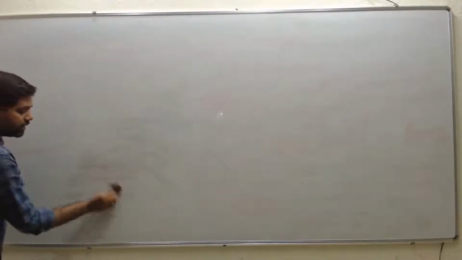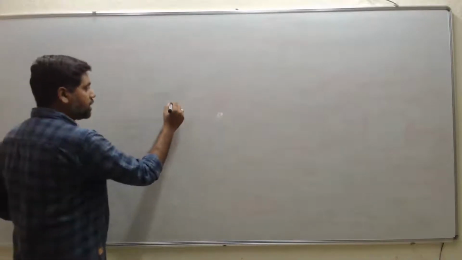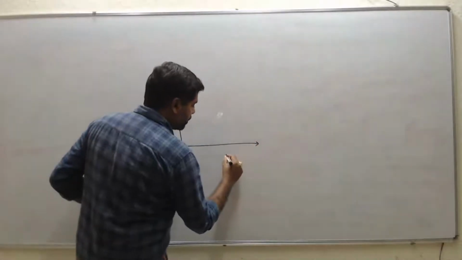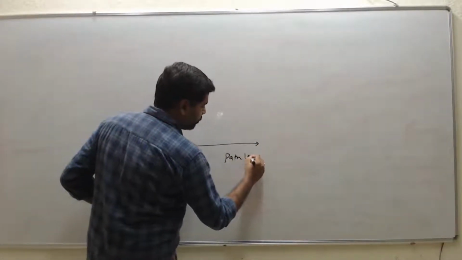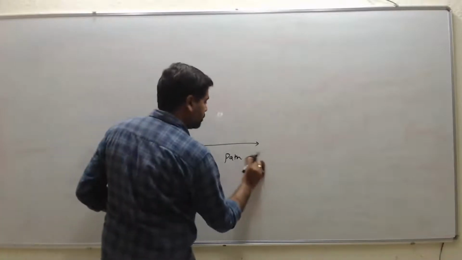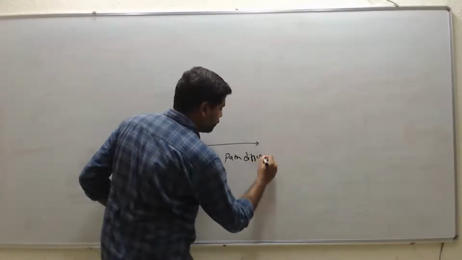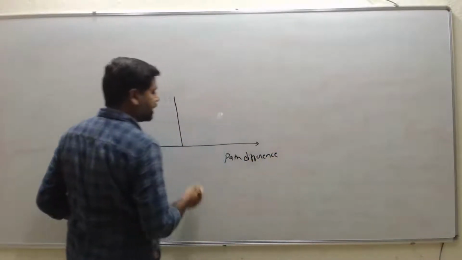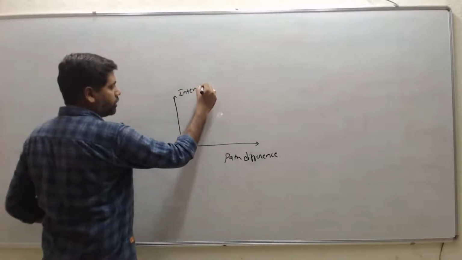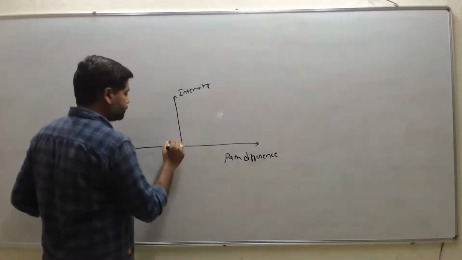For high intensity, the bands are bright in color, and for low intensity, the bands are dark. So here I will write path difference along the x-axis and intensity along the y-axis. Then we get the curves.